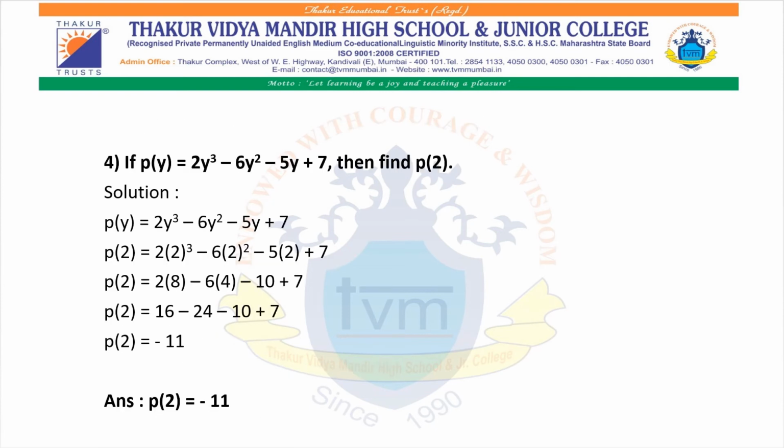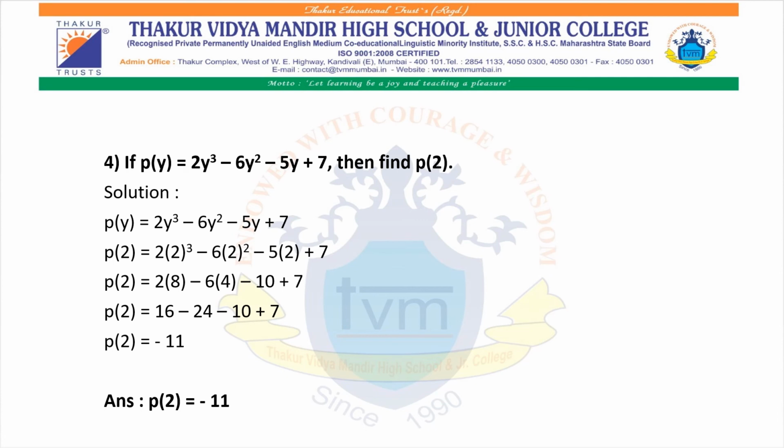Question 4. If p of y is equal to 2y cube minus 6y square minus 5y plus 7, then find p of 2. So here instead of y we have to substitute the value as 2. So the solution is p of y is equal to 2y cube minus 6y square minus 5y plus 7. We have written the polynomial as it is. Now we will find the value for p of 2.